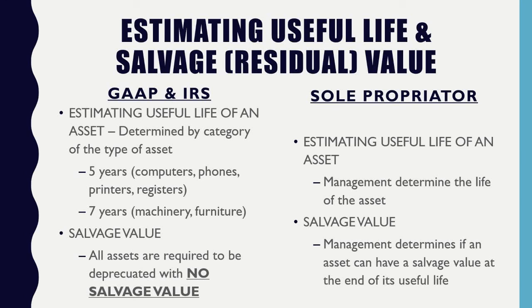And at the end of its life, it's definitely going to hold a value because that's when we sell it. You're obviously going to use the Blue Book, and it's going to hold some kind of value at the end of its useful life.